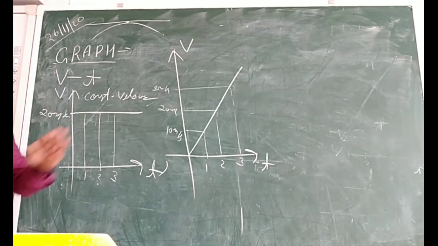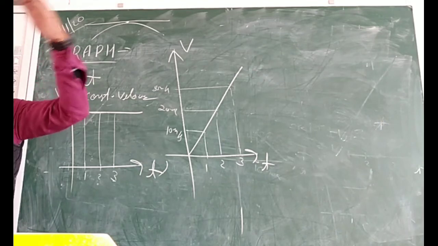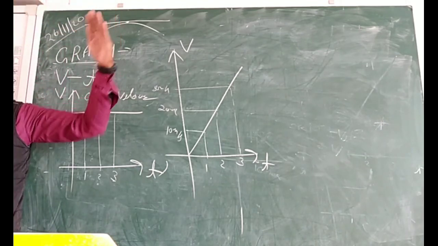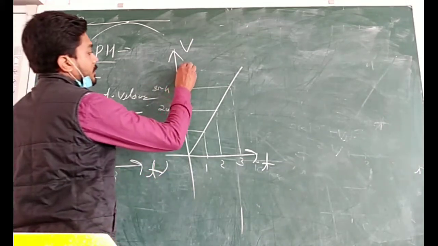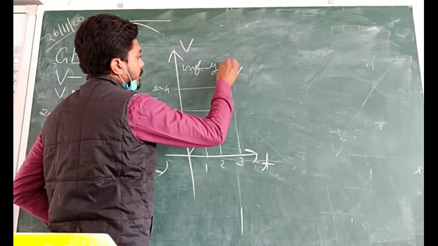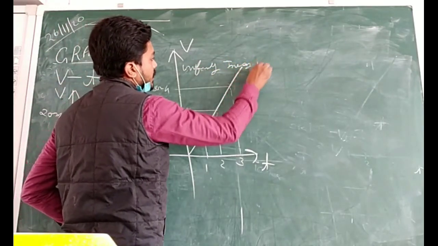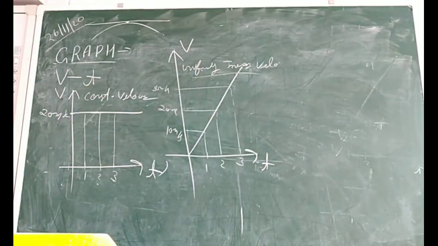Then you will say the velocity of the body is increasing uniformly. There is a uniform variation in the velocity. Is it clear? Yes, sir. And this is showing the uniformly increasing velocity.